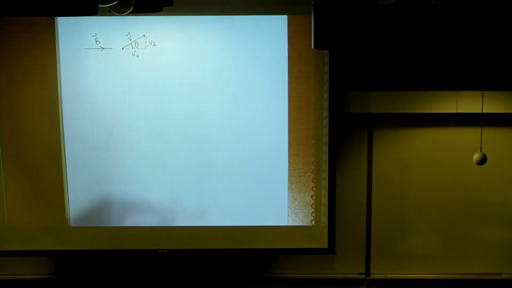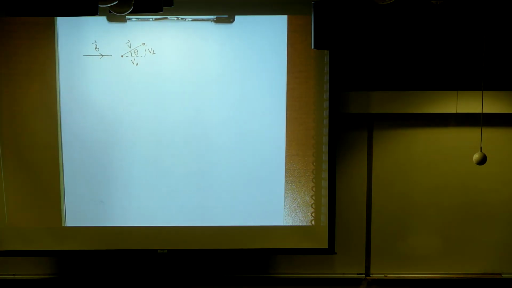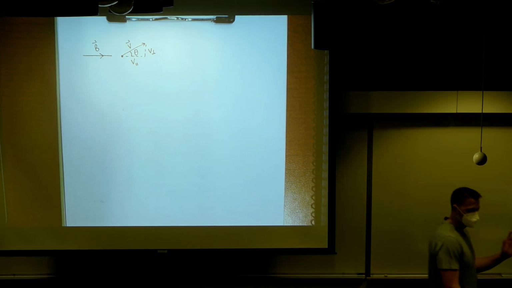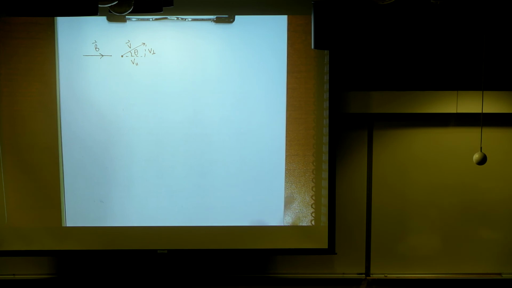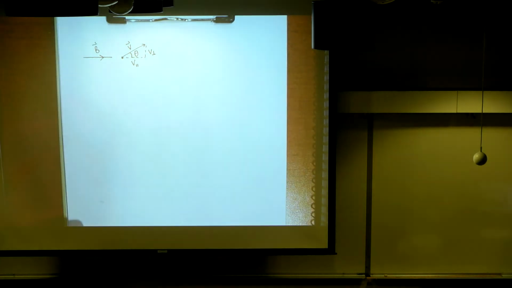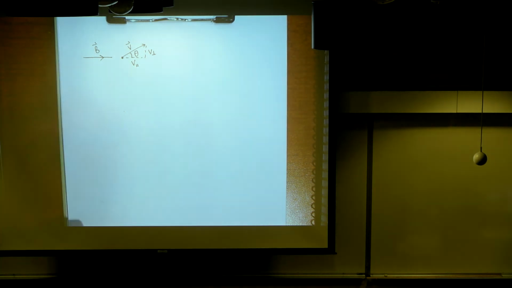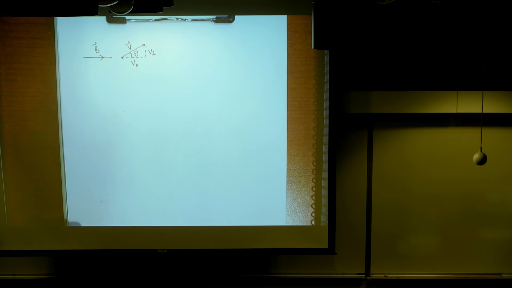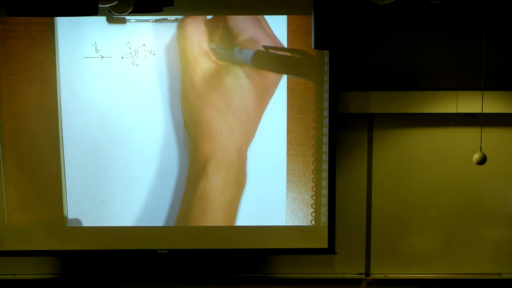So the basic picture is right here. We have our B field and we have our velocity vector. And they're not at a perfectly 0-degree angle or 90-degree angle. There's just an angle theta there. So what we can do is break it up into v parallel, going with the B field lines, and v perpendicular, okay?